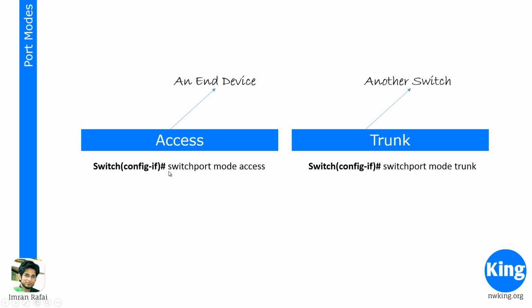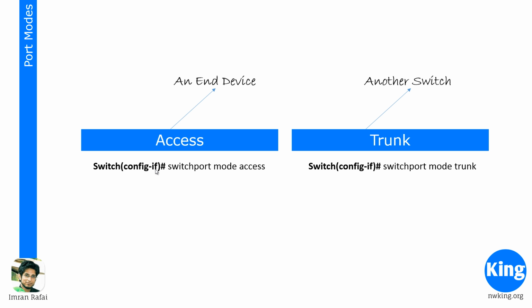And by this level in our training videos, you should be able to identify that when the switch CLI prompt says config-if, this should tell you that this is a command being typed in an interface subcommand, right?